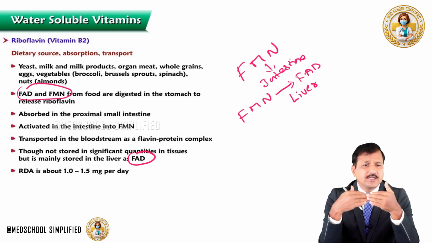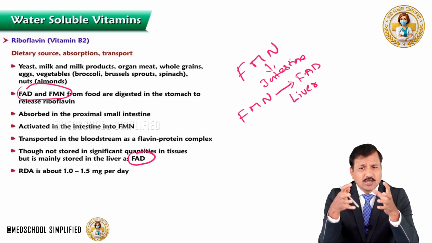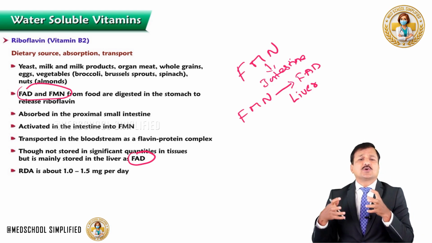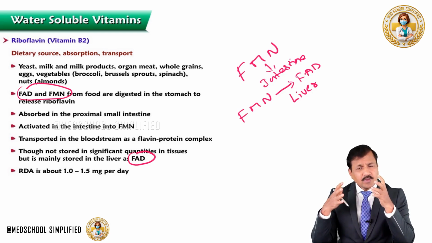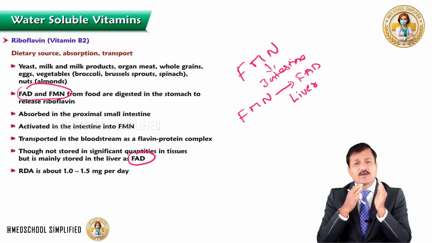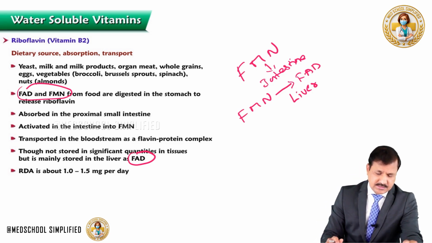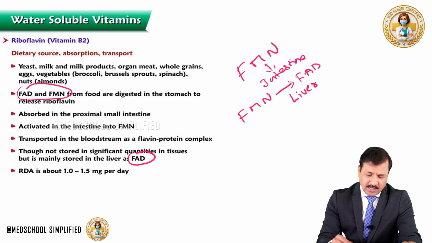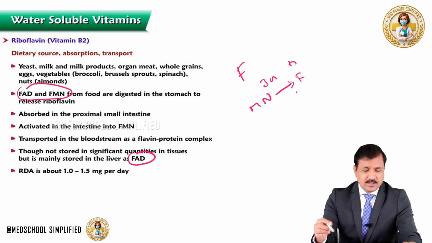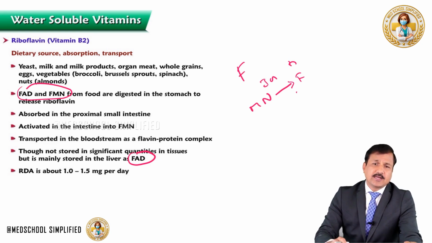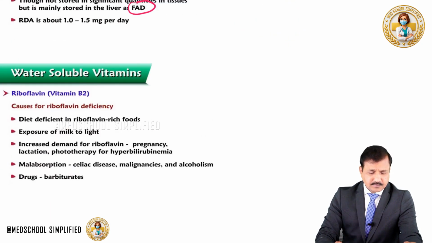It is taken up by the tissues, although not significantly stored in the tissues, but it is mainly stored in the liver as FAD. FMN is converted to FAD after the adenylation process. Okay. How much is the RDA for riboflavin? It is 1 to 1.5 milligram per day.